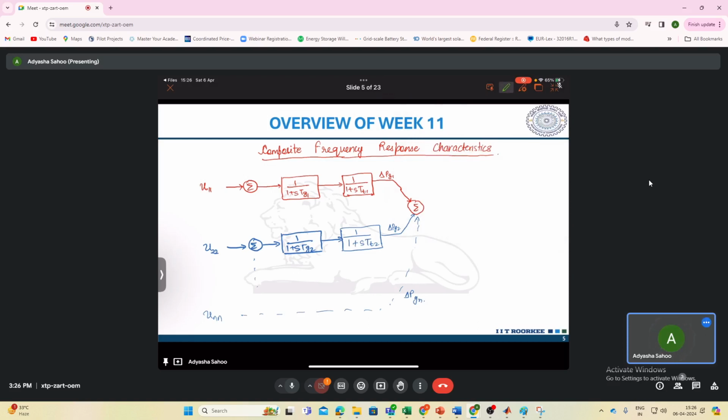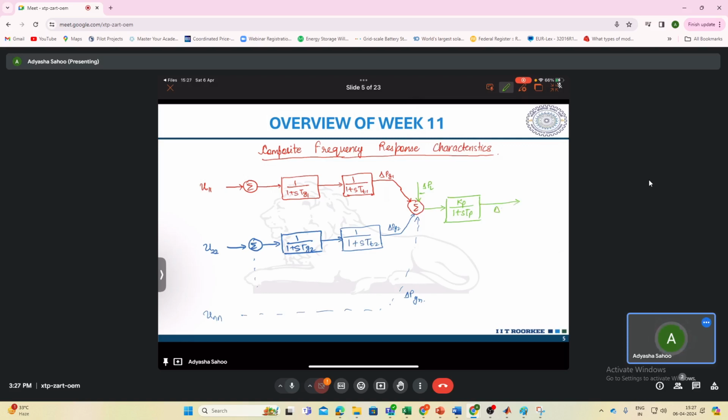Now we'll add the load disturbance here, minus PL, Kp into 1 plus STP.